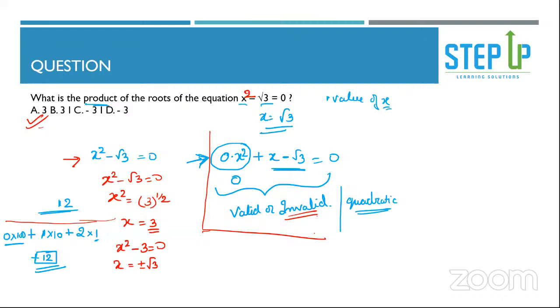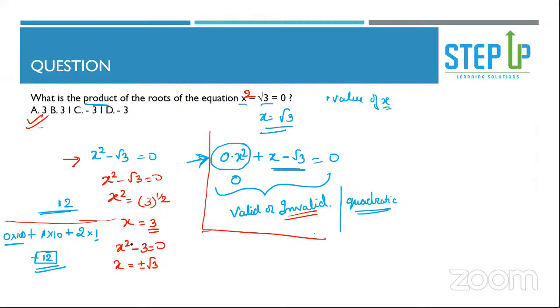Rahul, understood? Is that clear to everyone? That question was wrong, that's why we took a long time. x square minus root 3, so x is equal to 3. Still, I'm feeling something is wrong. x square is equal to under root 3, so taking the square root on both sides, x is equal to 3.